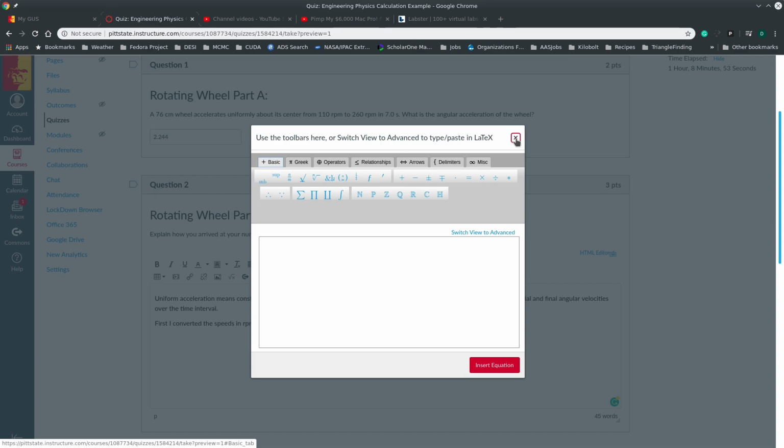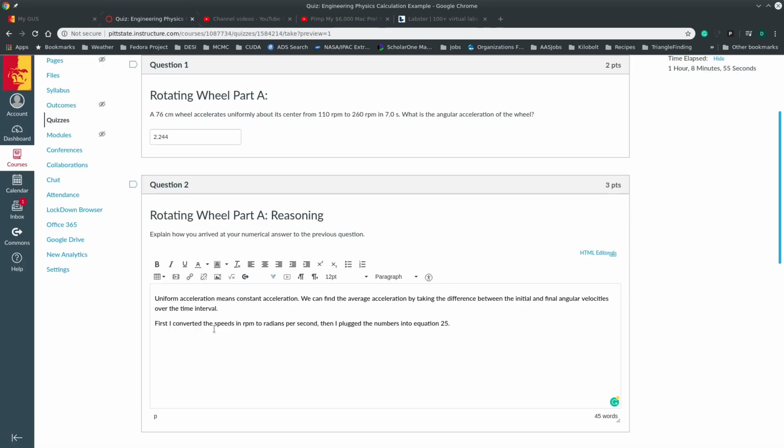Instead, like I said, just stick to typing out in words what your reasoning behind solving the problem was. You can point to specific equations that you've used using the equation number from the equation sheet. And then that lets me know how you solved that particular problem.